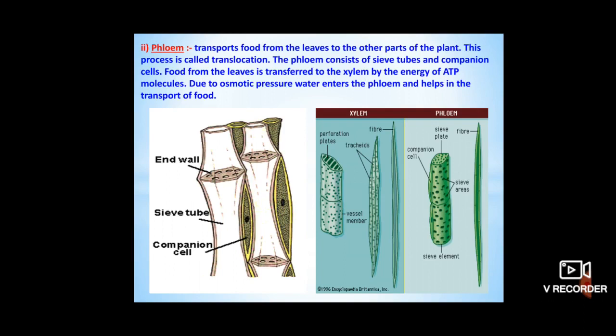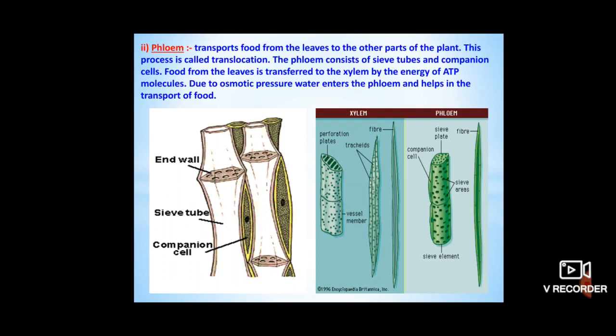See children, in the xylem, the movement of water molecules takes place in a unidirectional way, which means only in the upward direction. Unidirection is nothing but a single direction.